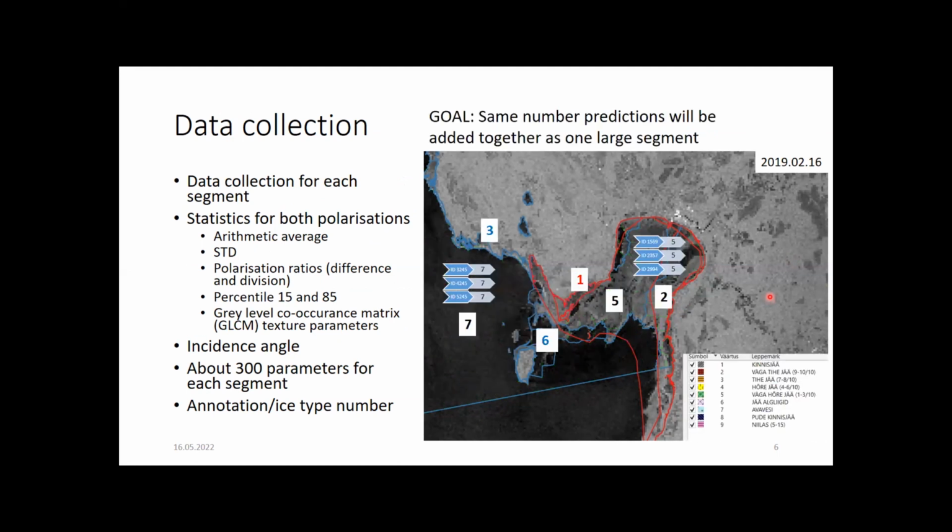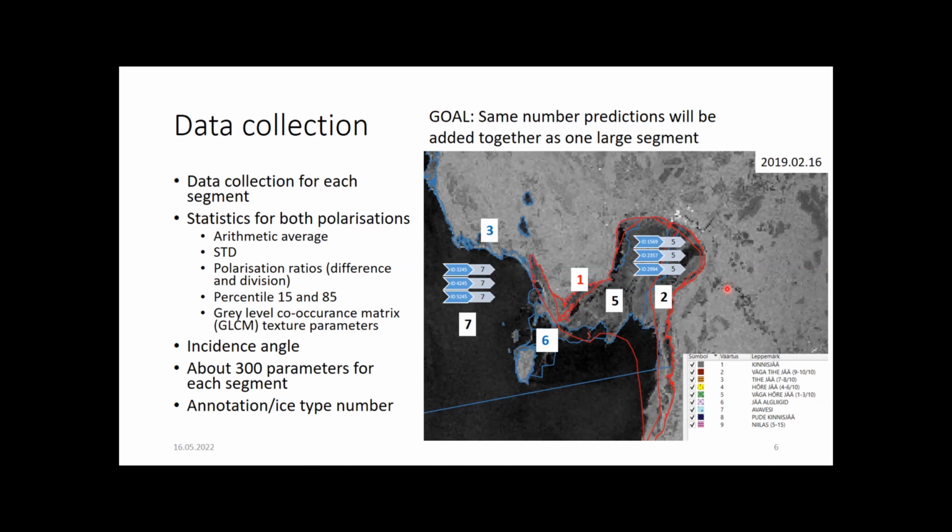And the goal or the hope was that using this statistics here over this area, with machine learning, it would say that, oh, this is number 7. It means open water. Or other areas with similar fashion.